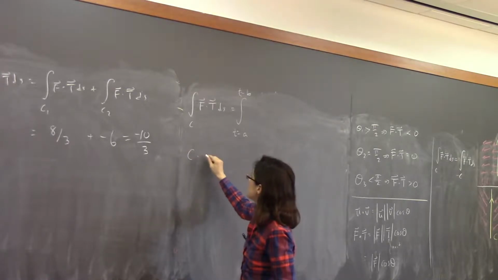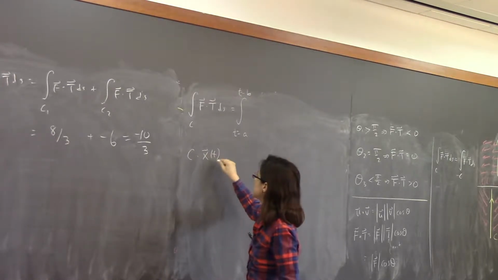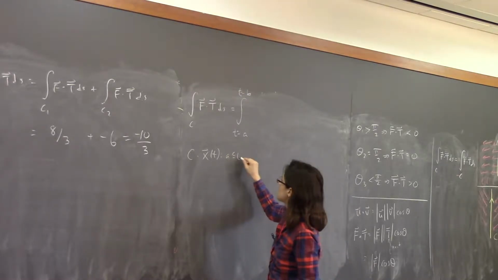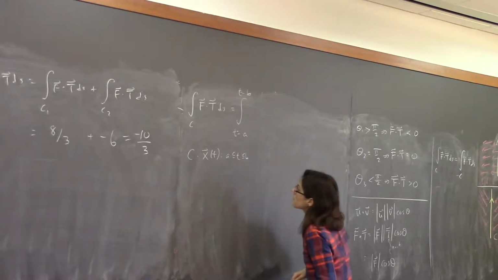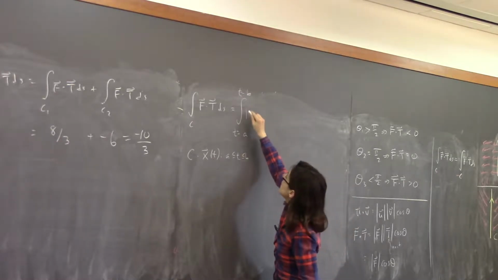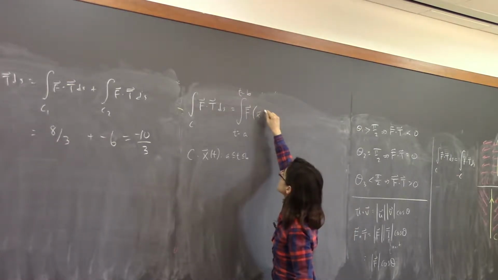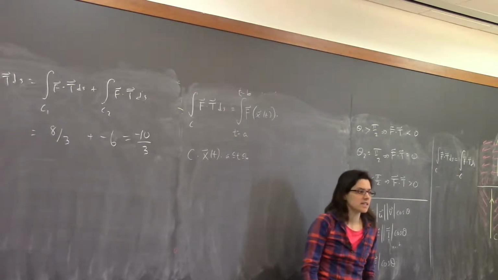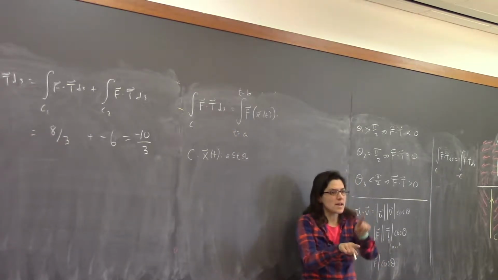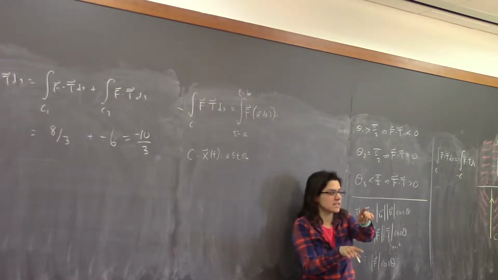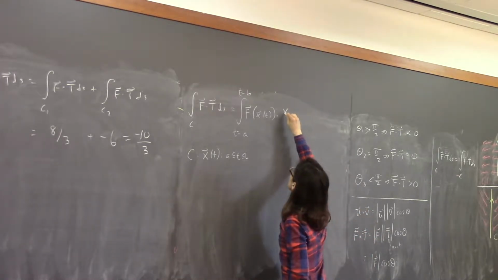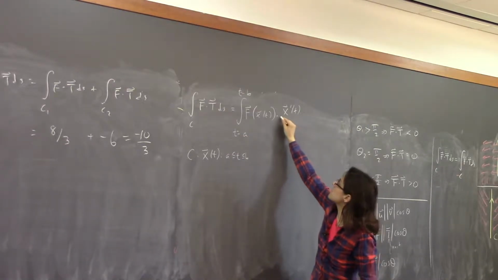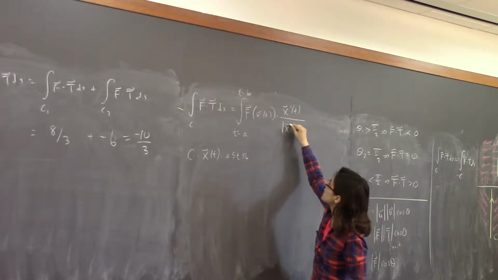So let C be defined by x of t where t goes from a to b, of f of x of t times the unit tangent vector. That's the way you're going, so that's the velocity vector. So this is x prime of t, but it has to be a unit tangent vector. So you have to divide by how fast we're going.